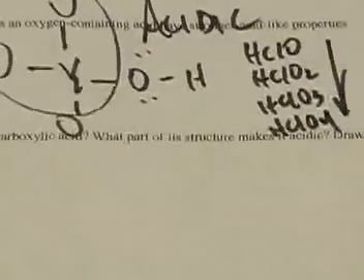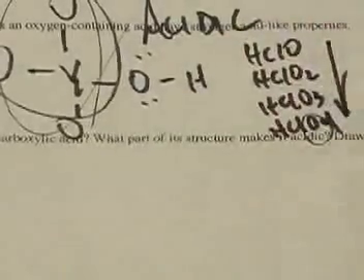The more oxygens you have, the more acidic the thing is. And all you have to do is take a look at your HClO, HClO2, HClO3, and HClO4. You know that acid strength increases as we go down here because we have more oxygens around the central atom. Therefore, it's more electronegative in this area, and it sets up more of a dipole moment.